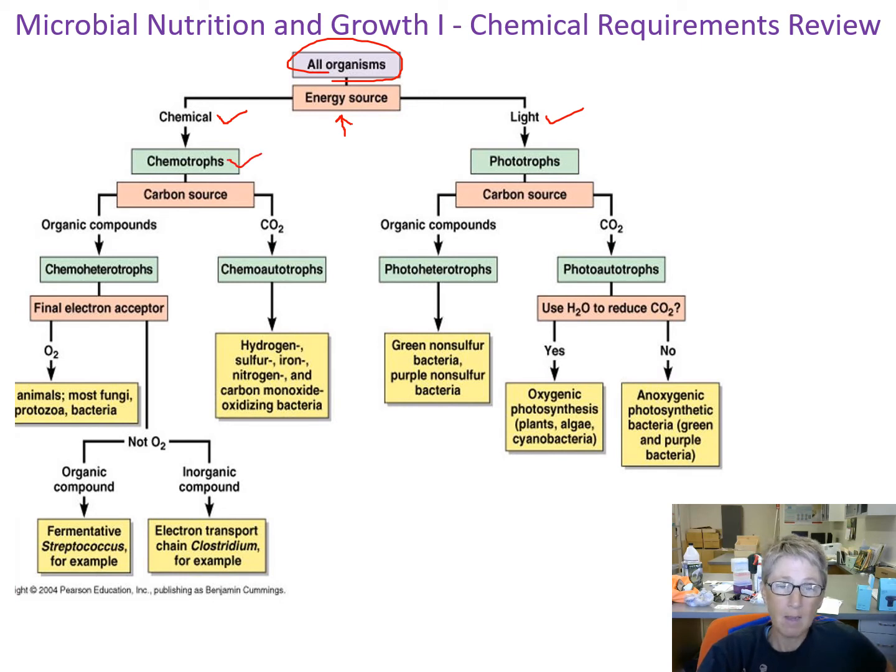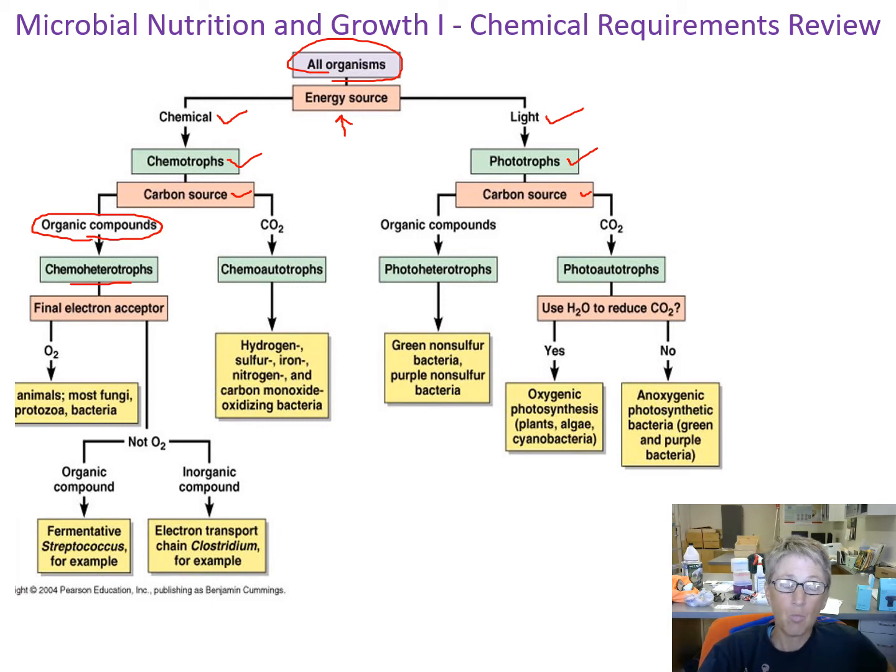If you use light as your energy source, you are a phototroph. But whether you are a chemotroph or a phototroph, you need a food source. That's your carbon source. If you're a chemotroph and your carbon source is an organic compound like glucose, C6H12O6, then you are a chemoheterotroph.